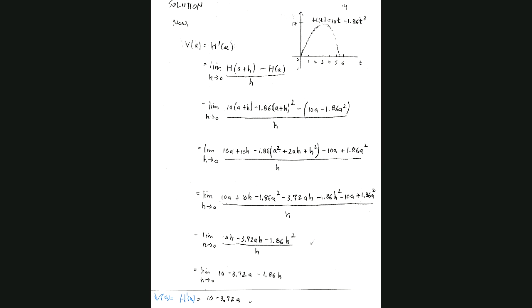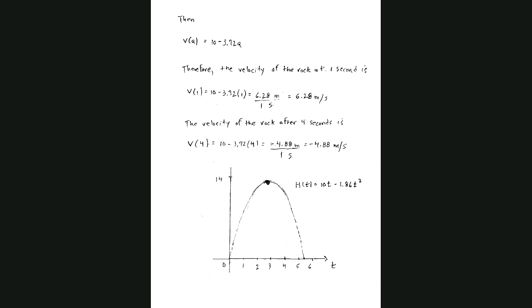Now we're going to plug in 1 and 4. So may I go to the next page? Are we good? Okay, so now what we have is a general formula: the velocity at time a equals 10 minus 3.72 times a.